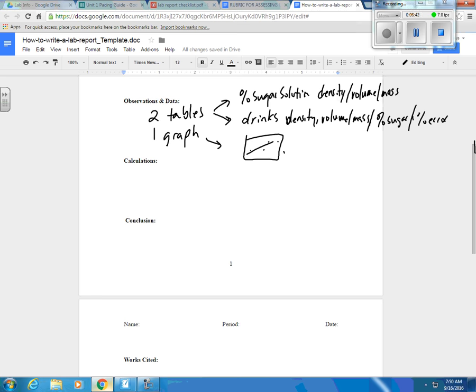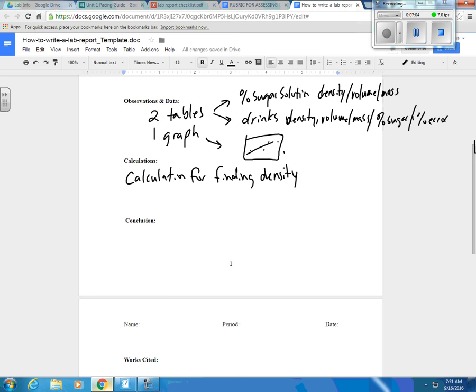Now calculations. You're not going to have a calculation section in every lab, but we did some math in this one, so you're going to have a calculation section here. What do you put in that? You're going to put your calculation for finding density.